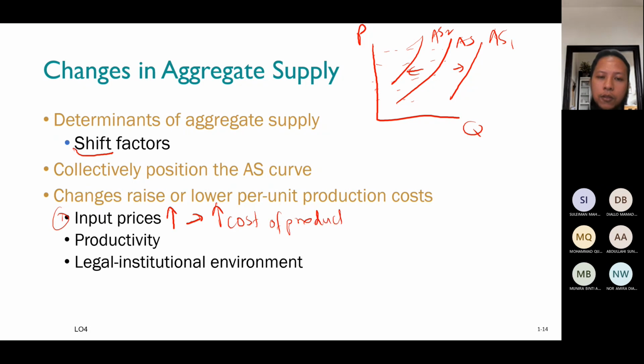Okay, so when your cost of production increases, if other things don't change, this will reduce your supply, because now the input prices are higher. For example, you have budgeted every month 100,000 to buy cotton material, and you can get, let's say, 1 ton of cotton.